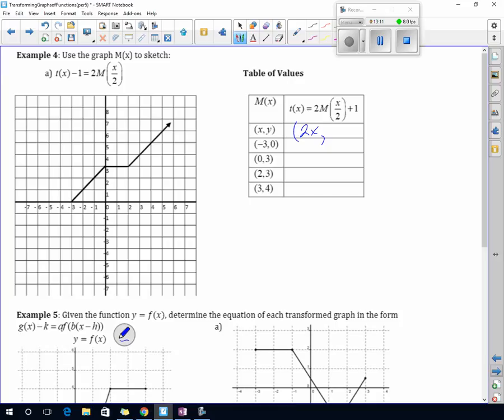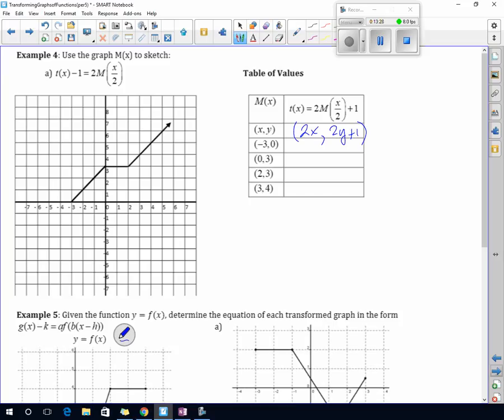So now, because I kind of have the rule of what the coordinates are doing, you could just take -3, plug it in, you get -6. 0 goes in, 2 times 0 is 0, plus 1 is 1. Do you see how I'm using the chart?